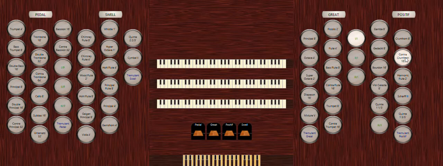Then we have 16-foot Contra Crumhorn, which on the Berea Church organ was called the Dulcian, but I didn't really care. I just called it the Contra Crumhorn, because technically it is the same rank of pipes, but the extension to it.